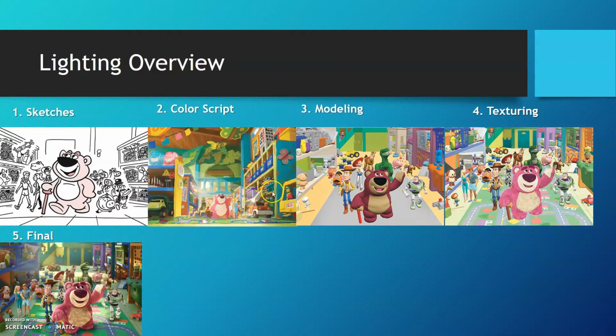You just need to follow the light direction or the mood, as what it is in the color strip. Now, most students jump from sketch to modeling, and they miss the color strip stage, which I think is very important later.